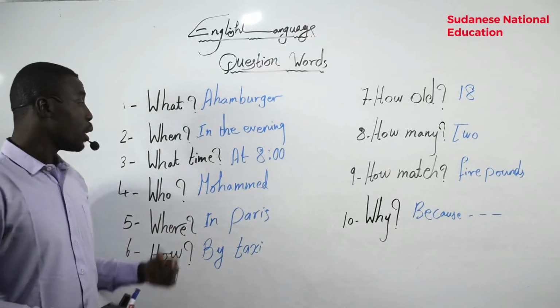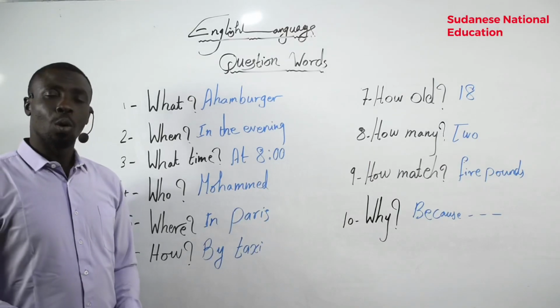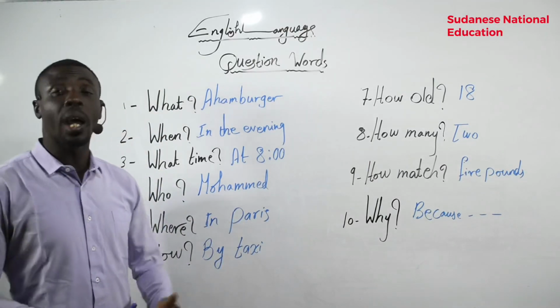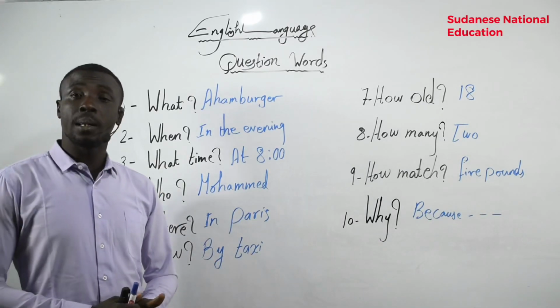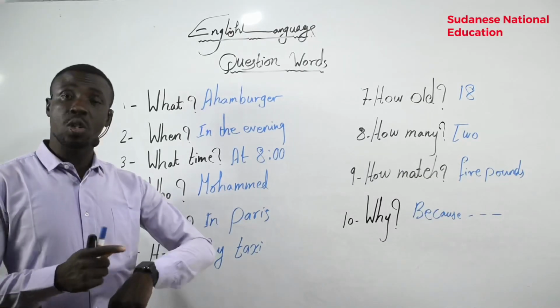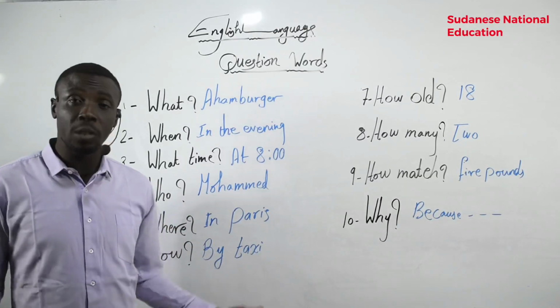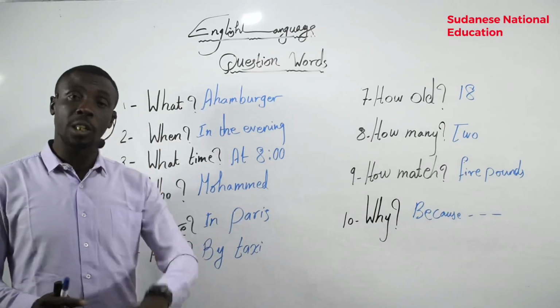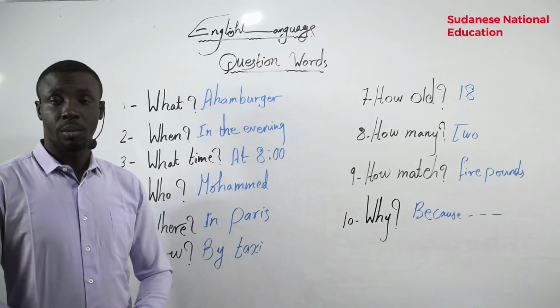Number three, what time. We had this question when we had the time lesson, expressing watch and clock. What time is it now? What time is used to ask about a particular time.